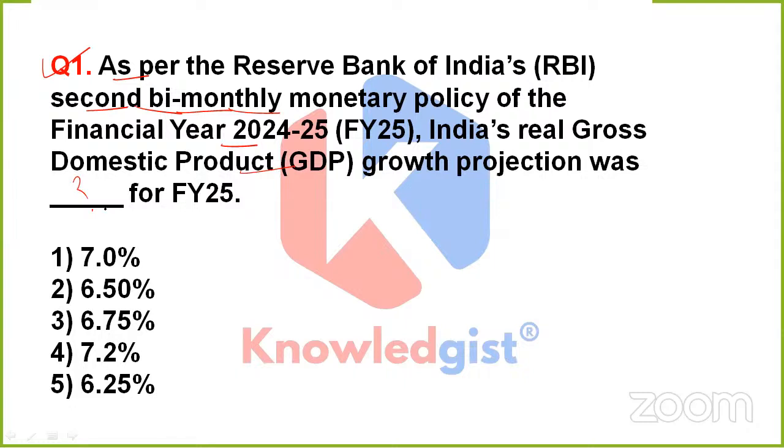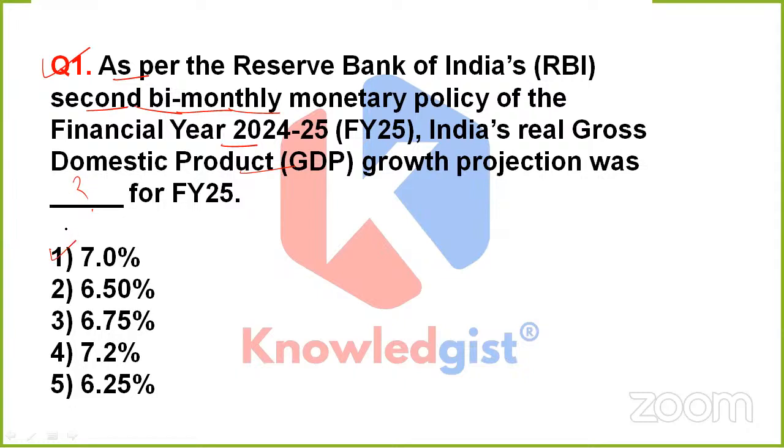So the question is simply asking, if you go through RBI's bi-monthly monetary policy report, clear? Then what will you get to know? What is the GDP growth projection which was provided in that particular report for FY25?